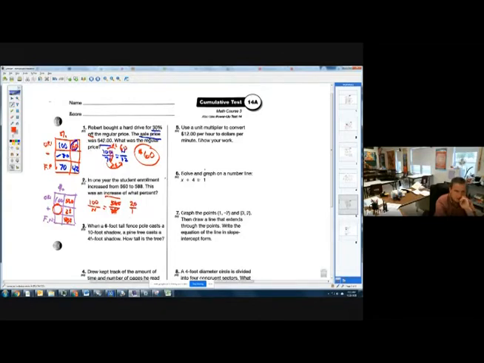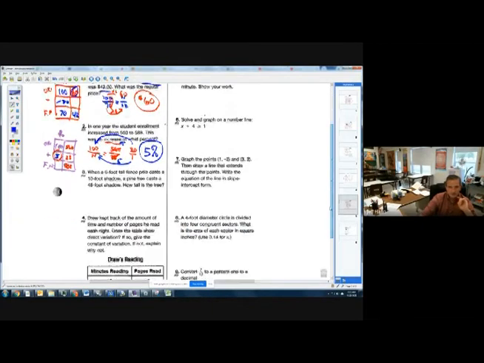And then it's just a matter of this: 20 times what is 100? Well, that's times 5. So multiply 1 times 5, and that's what number gets here, 5 times 1. It was a 5% increase. 5% increase.